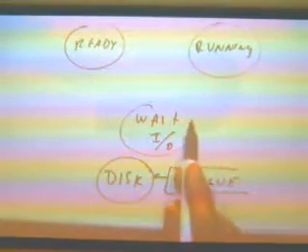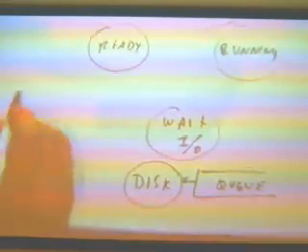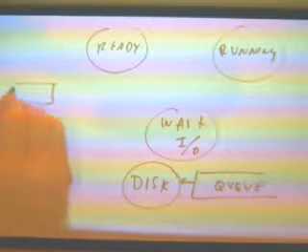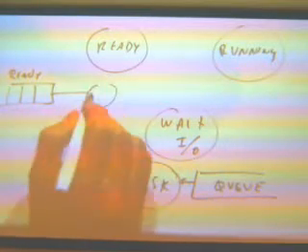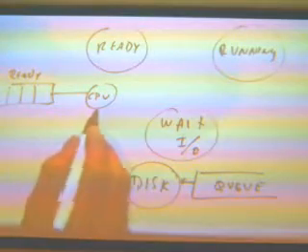Okay? So another way to look at this system is by saying, for instance, we have the ready queue, all the processes. We have a CPU, which is the running state. From CPU, we can go out of the system, right?